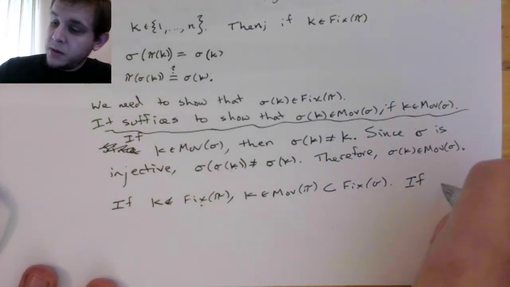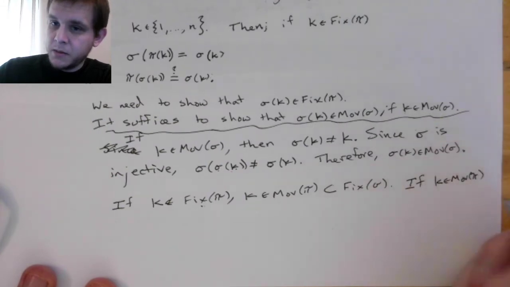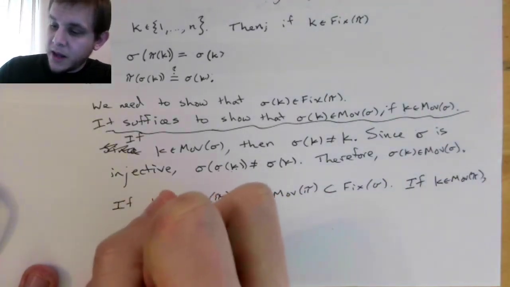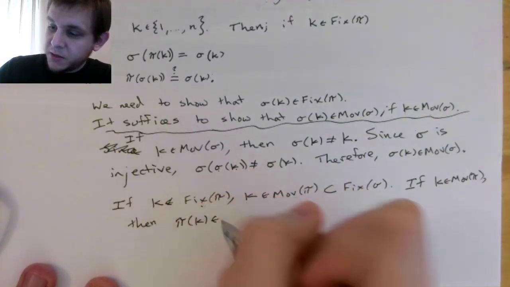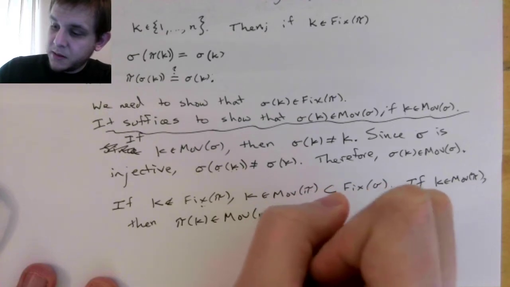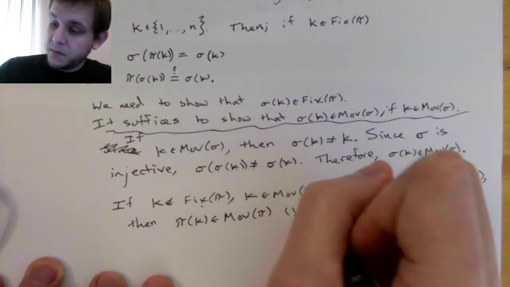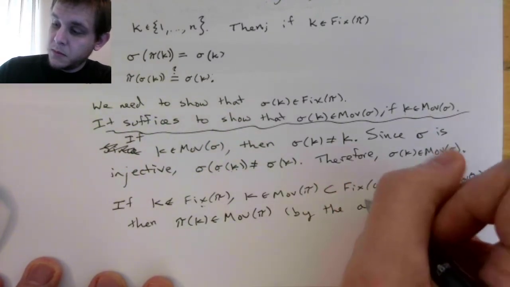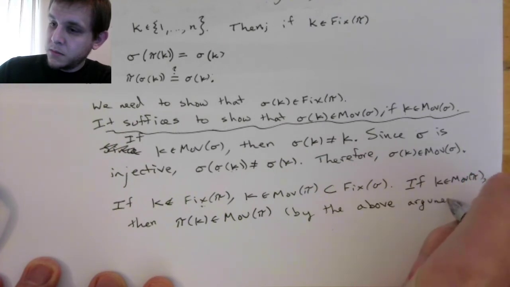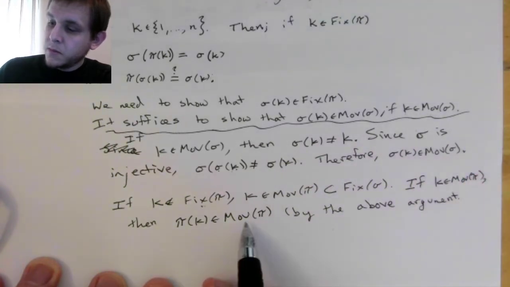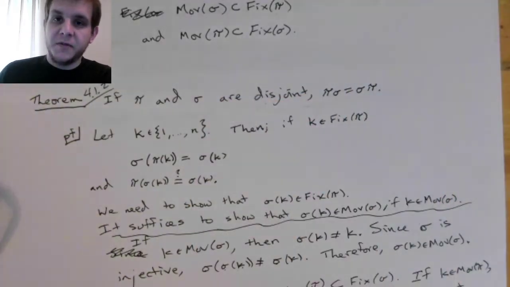So if k is in the moved point set of pi, then pi of k is also in the moved point set of pi by an argument similar to that above. But by assumption, the moved point set of pi is contained in the fixed point set of sigma.